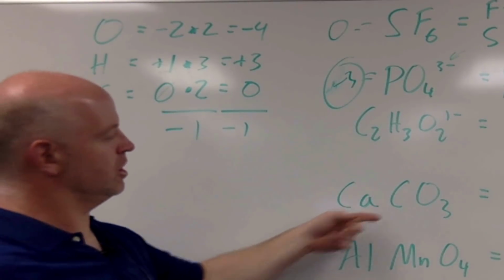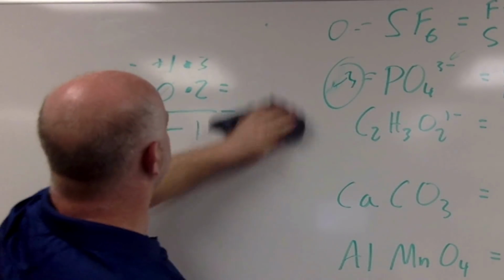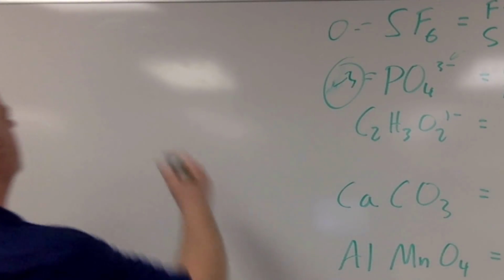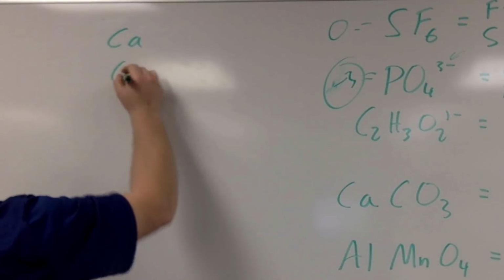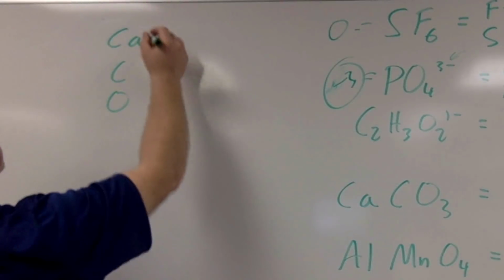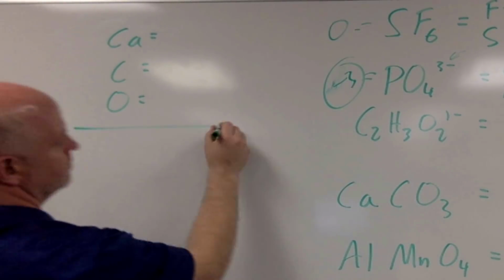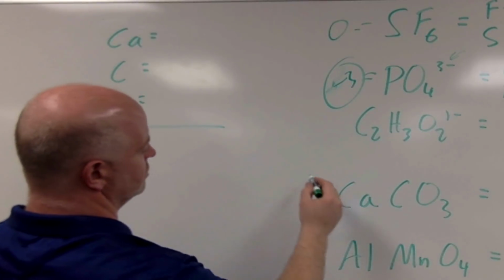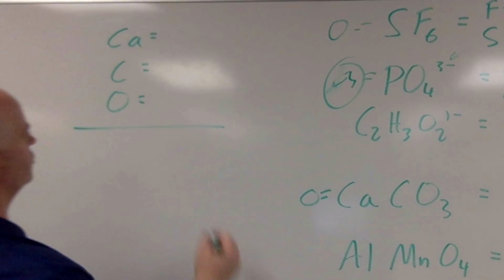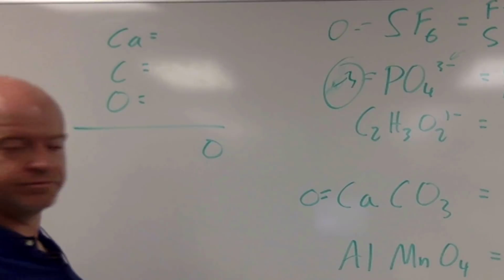Let's go on to calcium carbonate. Again, applying our rules, we have our calcium, we have our carbon, we have our oxygen. This whole thing has a neutral charge. So ultimately, when we're done, they have to all add up to 0.